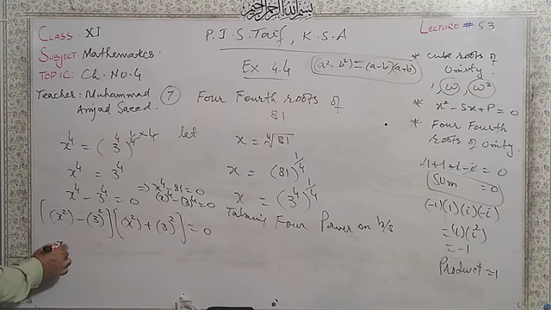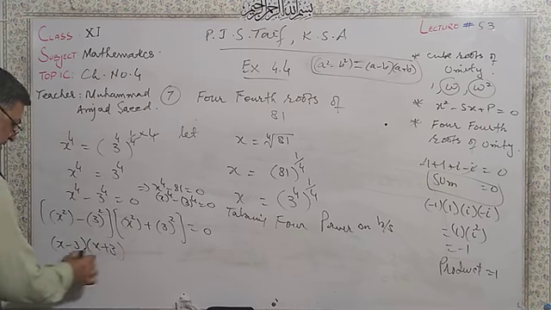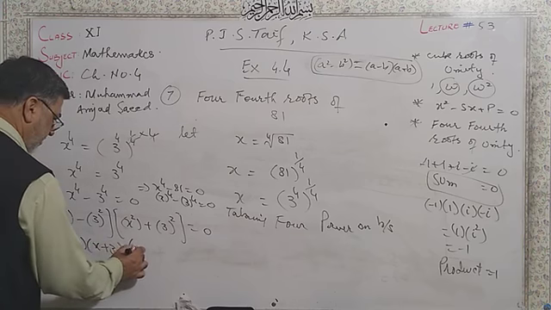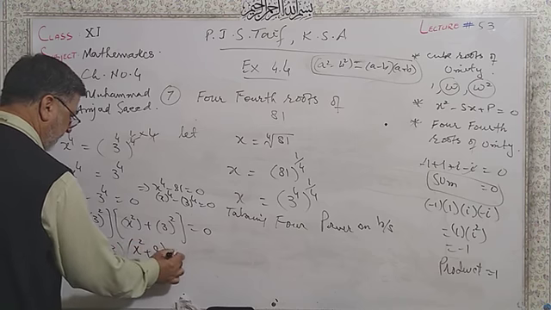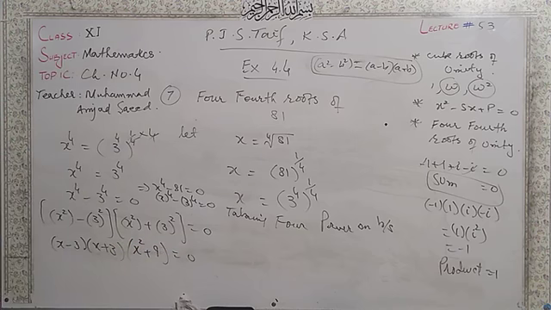So (x minus 3) into (x plus 3) and (x square plus 9) is equal to 0. Because this is a negative sign inside, we can open up, but this is a positive sign, you cannot open up. You may write down as it is, and x square plus 9.